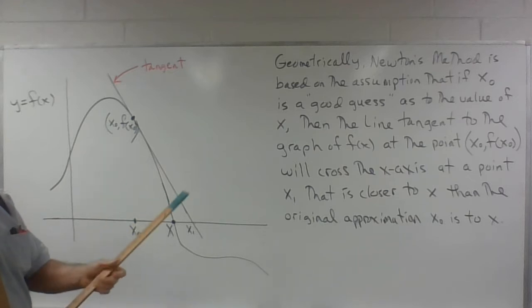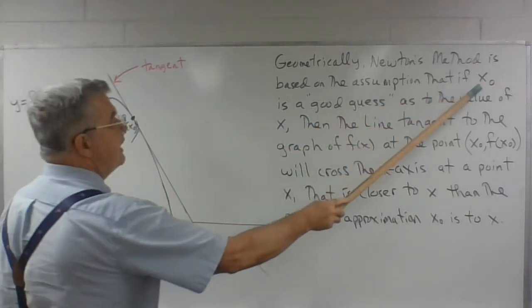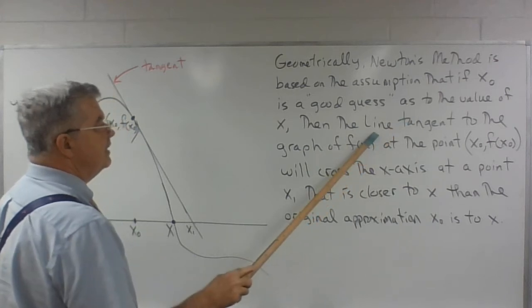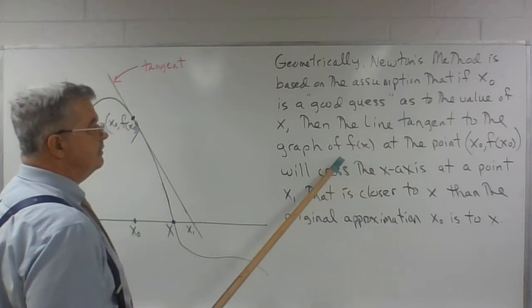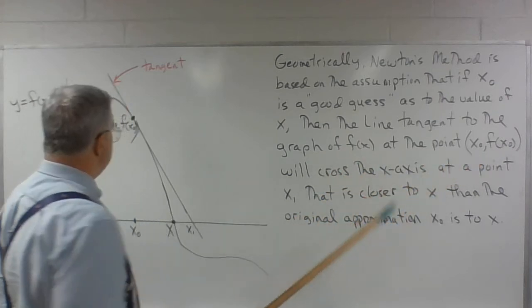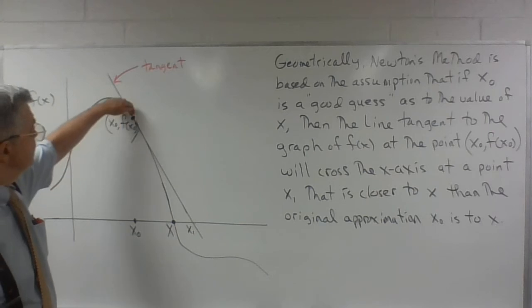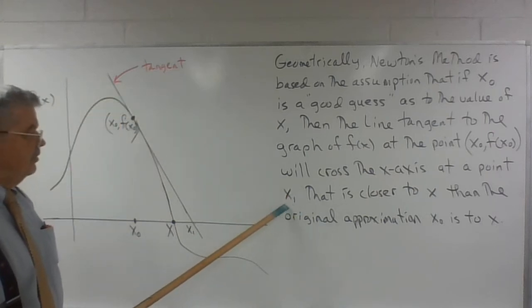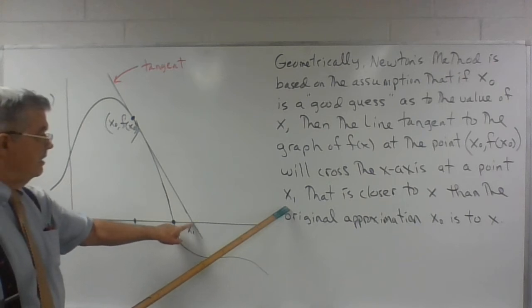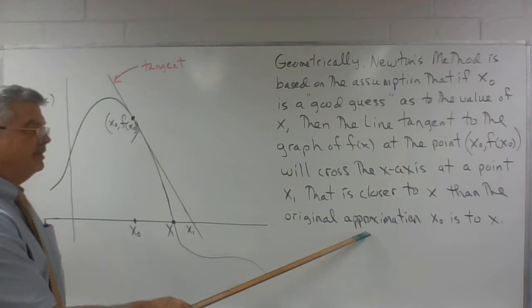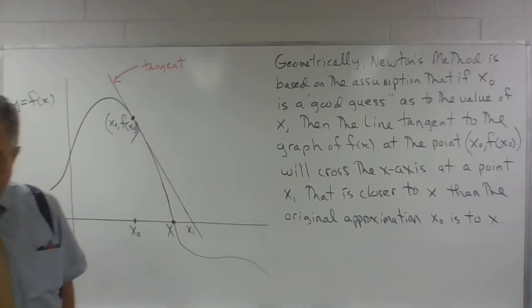Our premise is that if x of naught is a good guess as to the value of x, then the line tangent to the graph of f of x at the point x naught, f of x naught, will cross the x-axis at a point x of 1 that is closer to x than the original approximation x naught is to x.